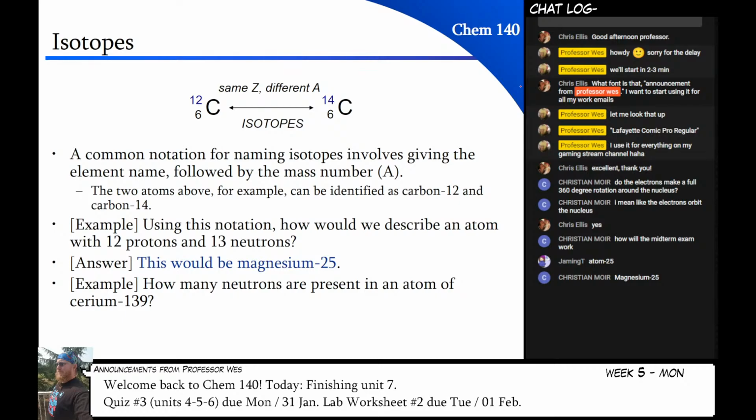Now let's do this example. How many neutrons are present in an atom of cerium-139? Well, you got to go to the periodic table, and you got to look up cerium. I'll give you a hint. It's near the bottom.